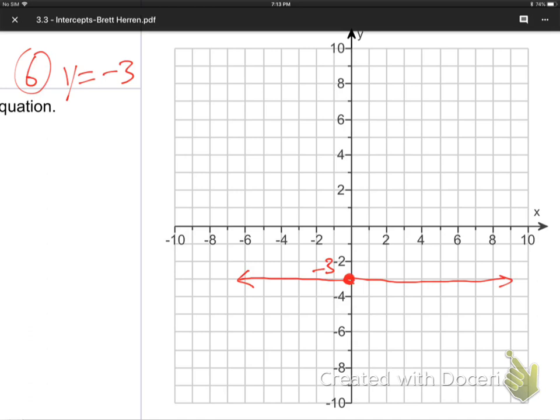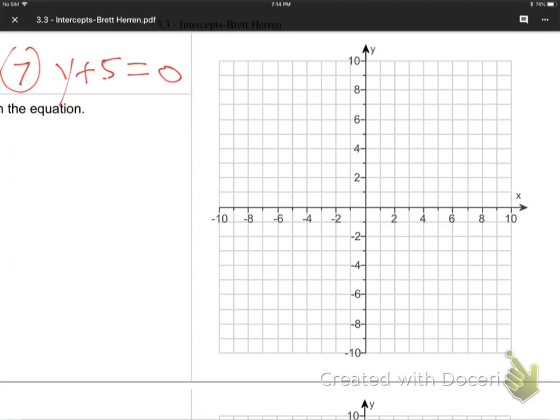So far. So y plus 5 equals 0, and they want me to graph that. So it's a little different than the last couple, because on the last couple, x and y were already alone, huh? So what do we do here first? Get the y alone, huh? Yeah, so first get the y alone, then graph it, right? Always first get it alone. So we always get x or y alone when we graph.